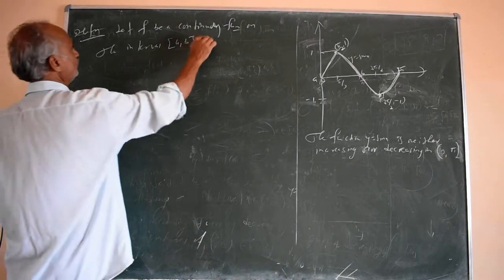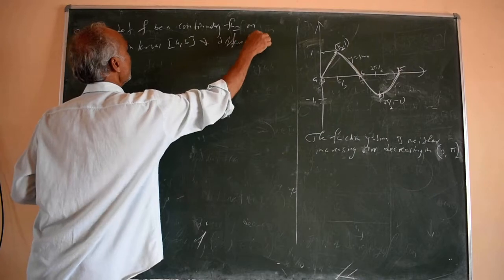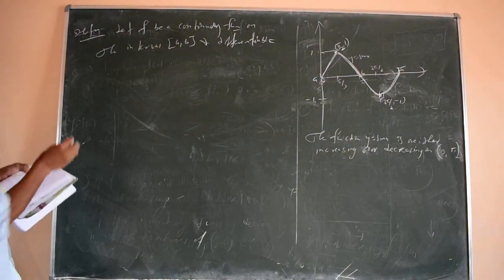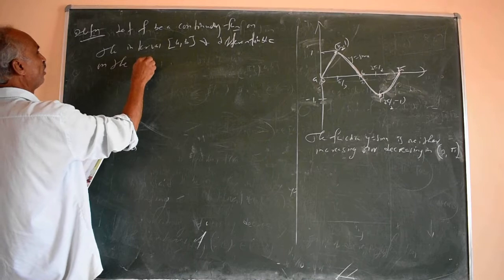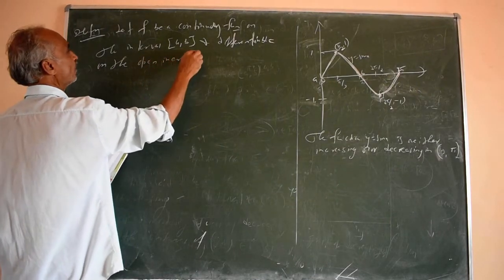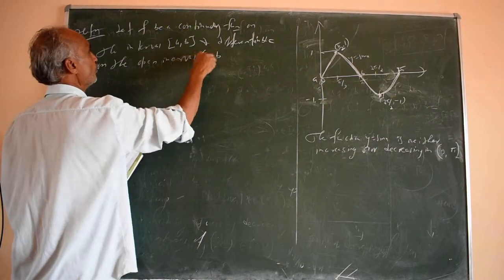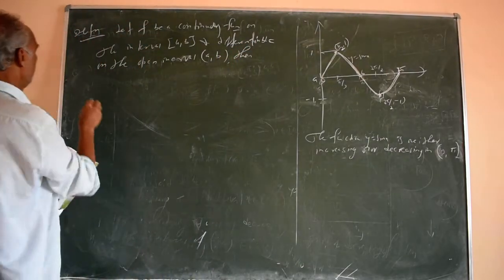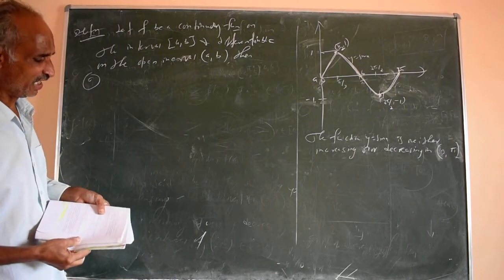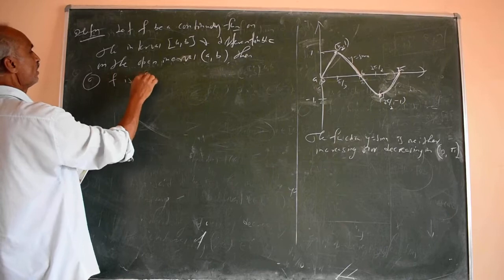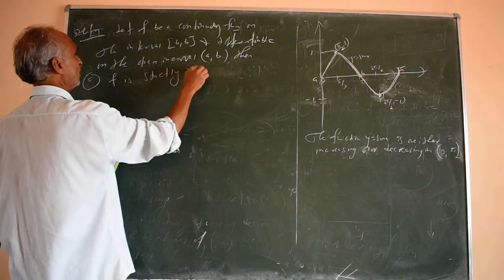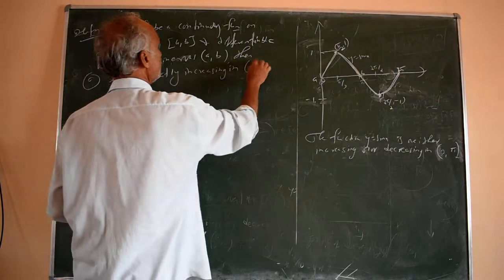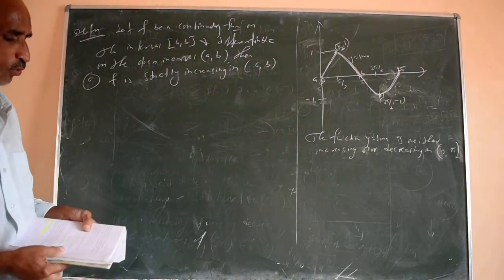And differentiable on the open interval A to B, then f is strictly increasing in the open interval A to B. In the textbook it is given as closed interval, but it is wrong. It is open interval A to B.